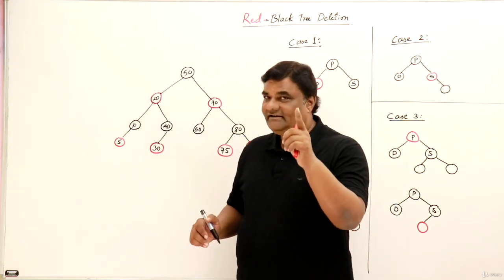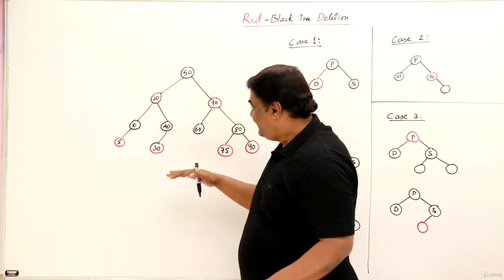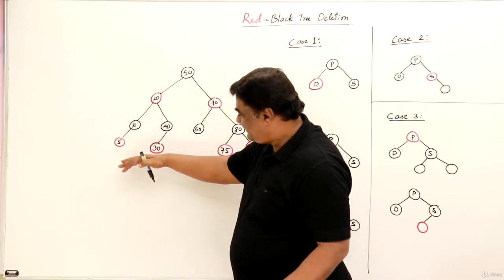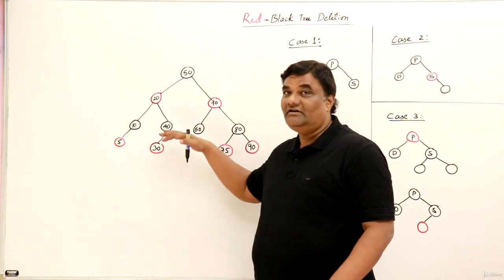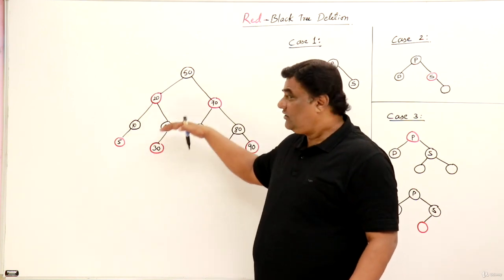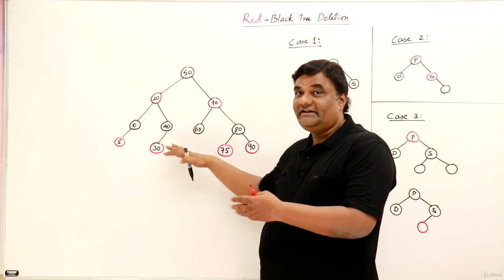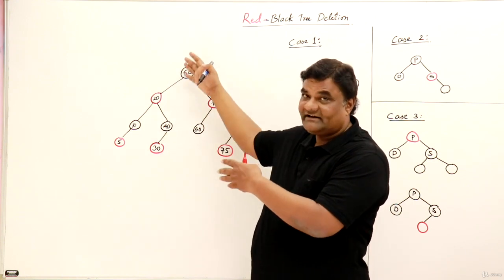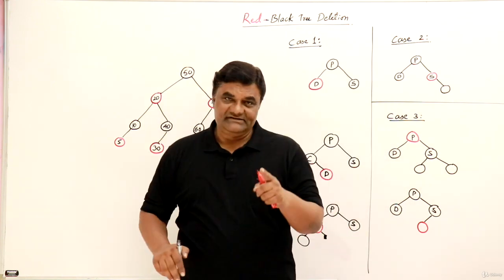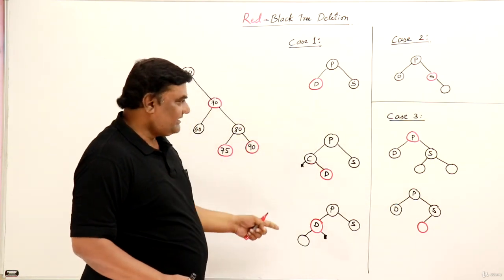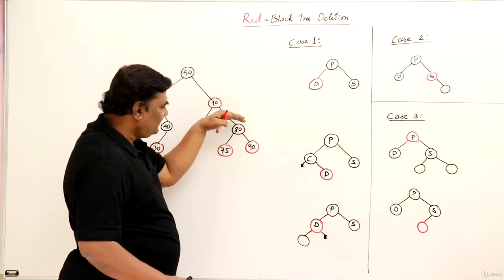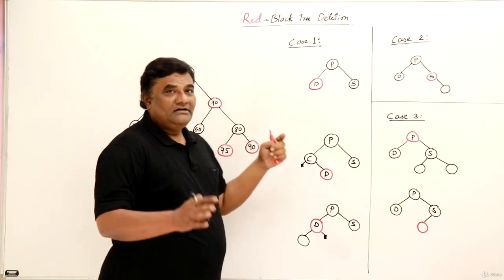Before that, see once again, remember this, we will be working at the leaf level, that is the last level of a tree. We will not be working towards the root, we will be working towards leaf because this node goes there and these nodes we have to adjust. So that's why I have these examples. So we are working on the lowest level.